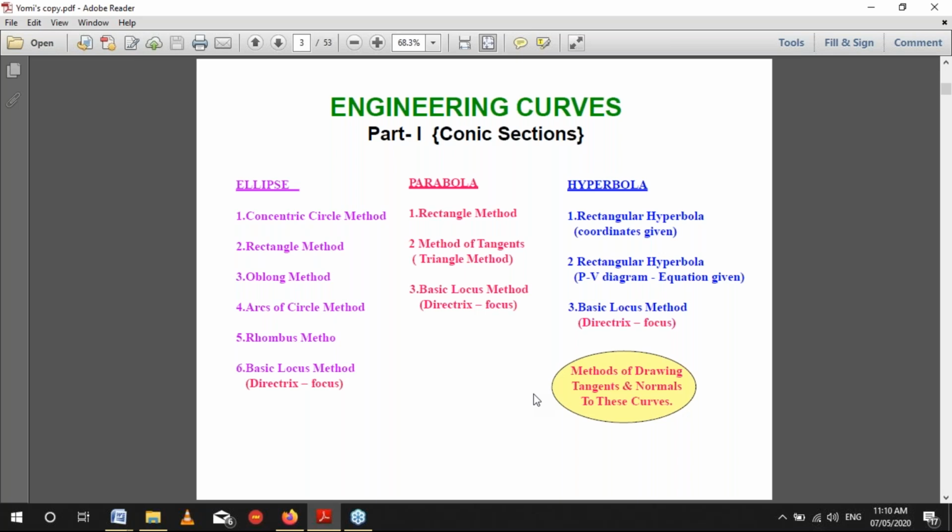Today we'll be looking at engineering curves. Now you see some diagrams or drawings, they have different curves, they have different shapes. So now let's quickly take this down.